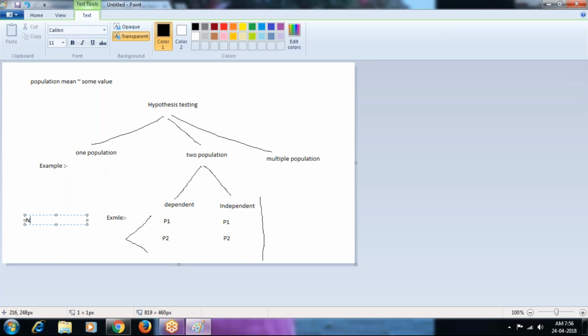Always you will have a null hypothesis, and then you will have an alternate hypothesis.